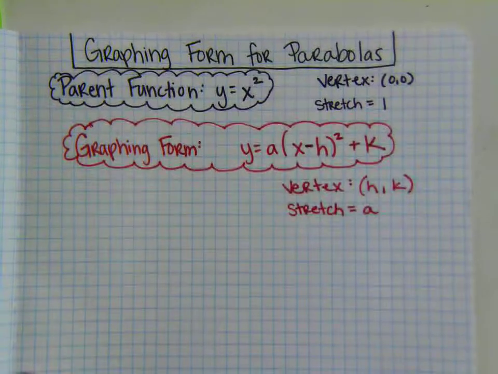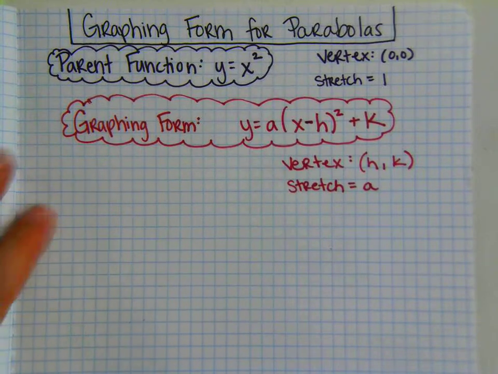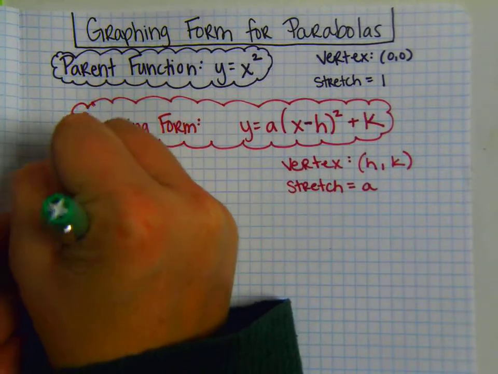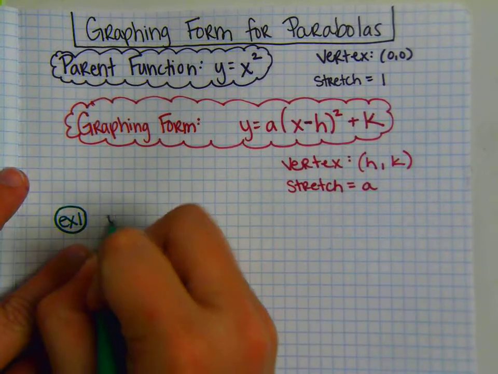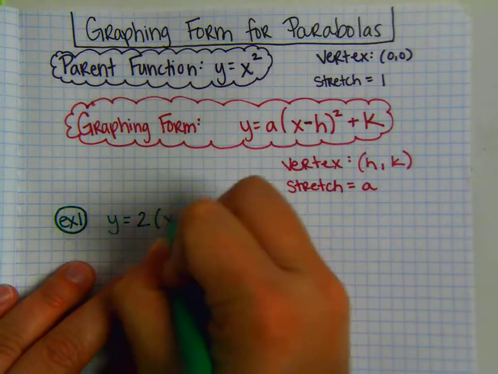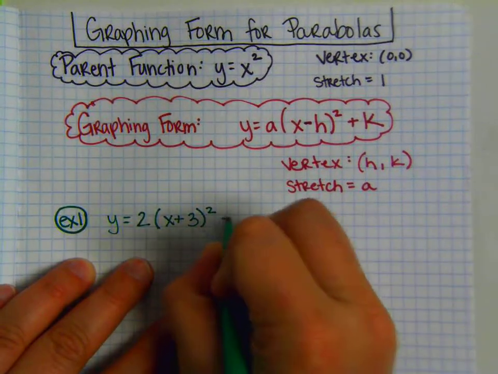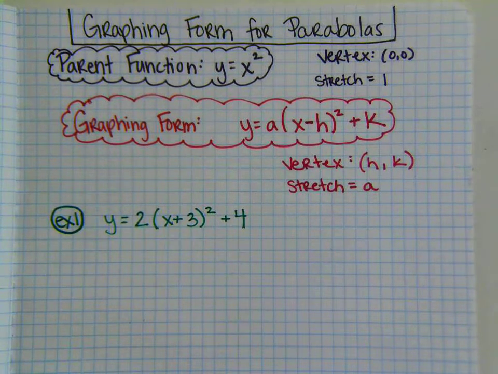So let's do a couple of examples of just identifying the vertex and the stretch factor. So we have y equals 2 times x plus 3 squared plus 4.